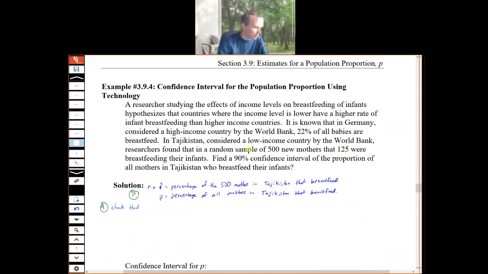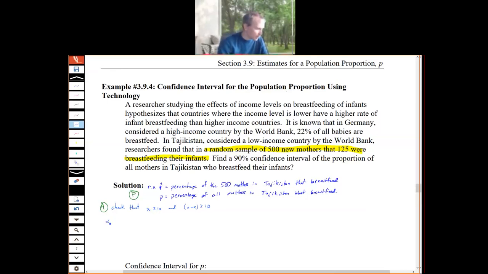So if I come down here to our example, let's make sure we're focusing on our sample. In our random sample of 500 new mothers, 125 were breastfeeding their infants. So I need to check that x is bigger than 10 and n minus x is bigger than 10. x is just the number of people that said yes, the number of breastfeeding mothers, right?